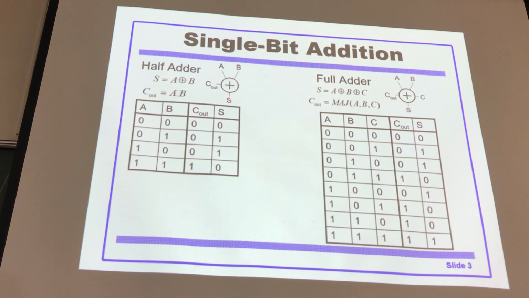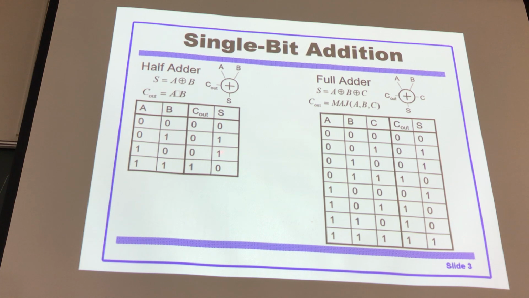The sum is going to be exactly an exclusive-OR gate, because if you have 0, 1, you get sum 1. 1, 0, you get sum 1. Otherwise, 0, 0 and 1, 1 give you sum 0. So it's just exactly an exclusive-OR gate.